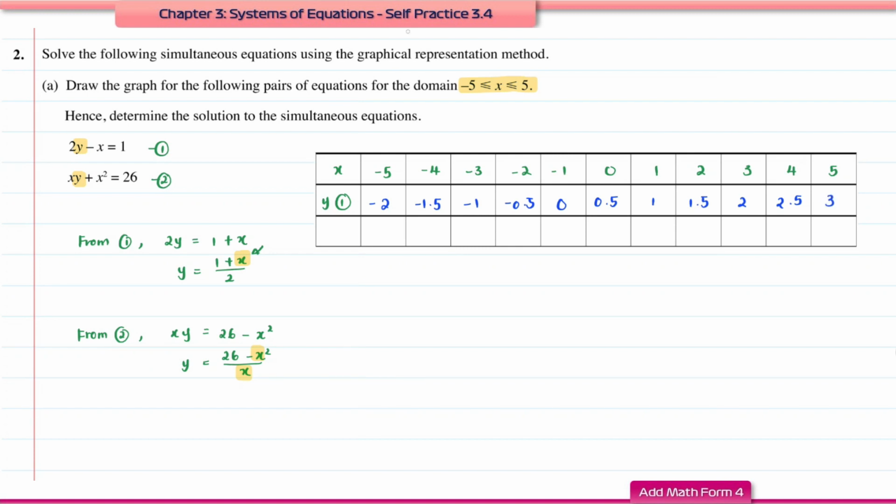And the coordinates y for equation number 2. You just need to substitute the x here with -5, -4, until 5. By doing so, these are the coordinates that you're going to find.